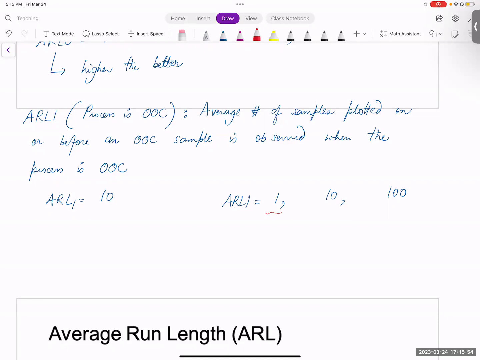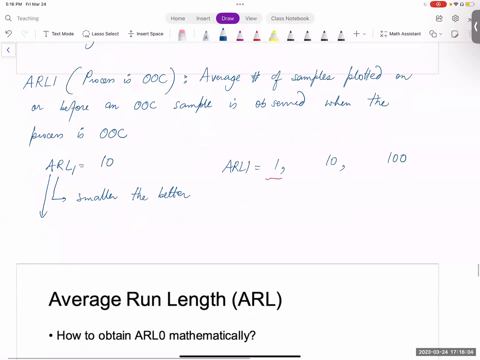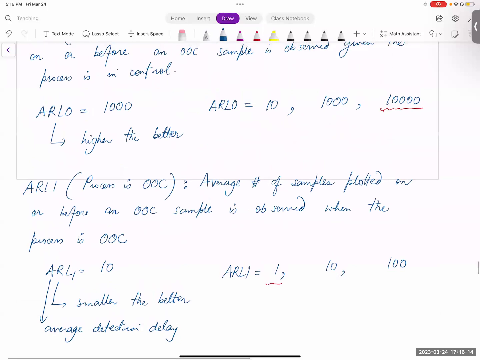So you can clearly see we want ARL1 to be smaller, and smaller, the better. And this ARL1 is nothing but average detection delay. And I would want to go back and say that ARL0 was the number of false alarms.